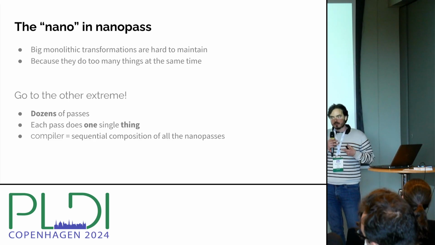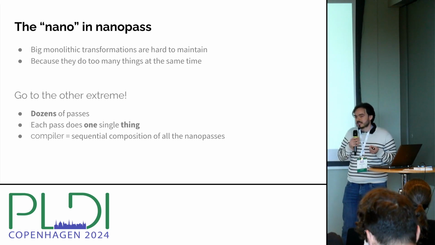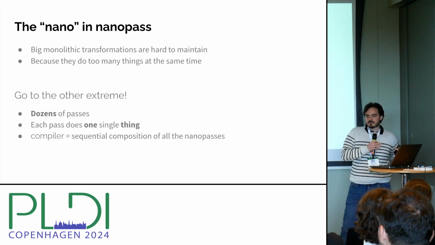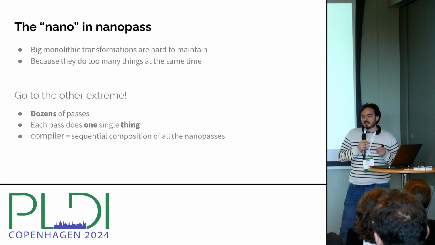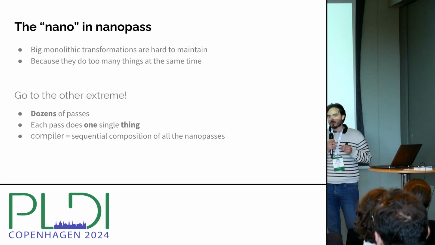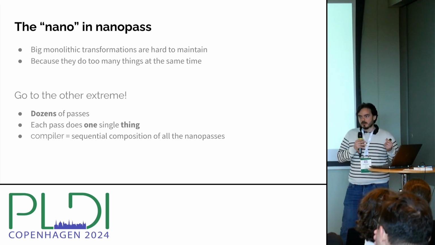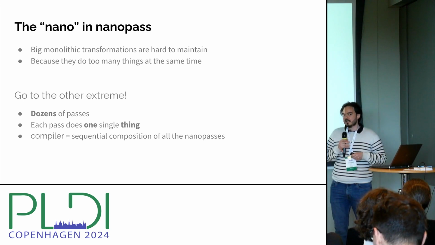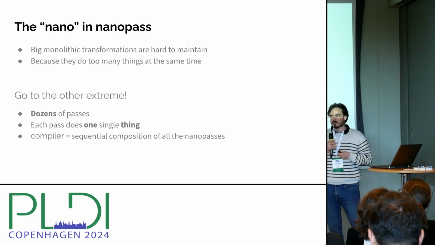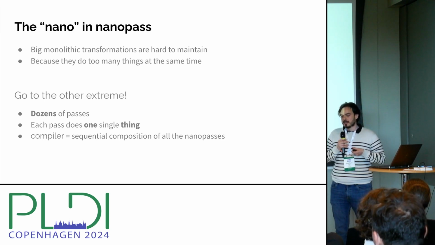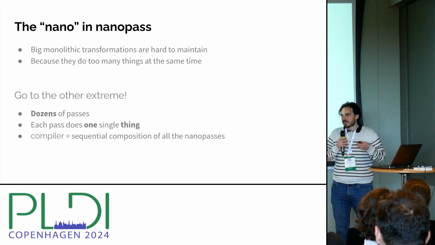The first thing that we did, and it was a mistake, was to do a big transformation from what LibAdaLang gives us, which is almost a syntax tree, and there are a lot of things in Ada that are implicit in practice and that you need to desugar. So this was hard to maintain.